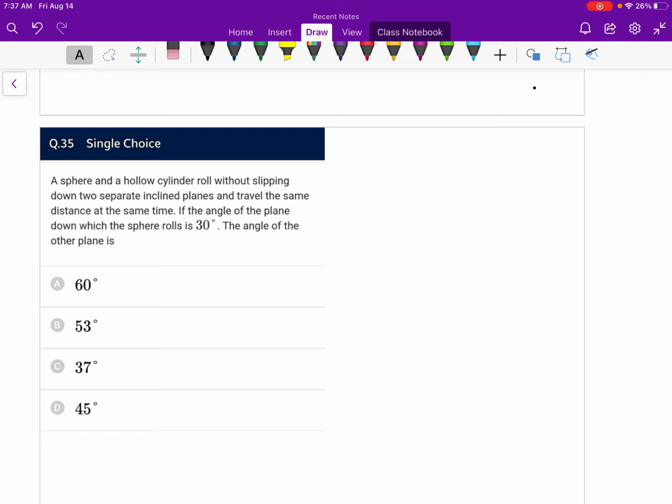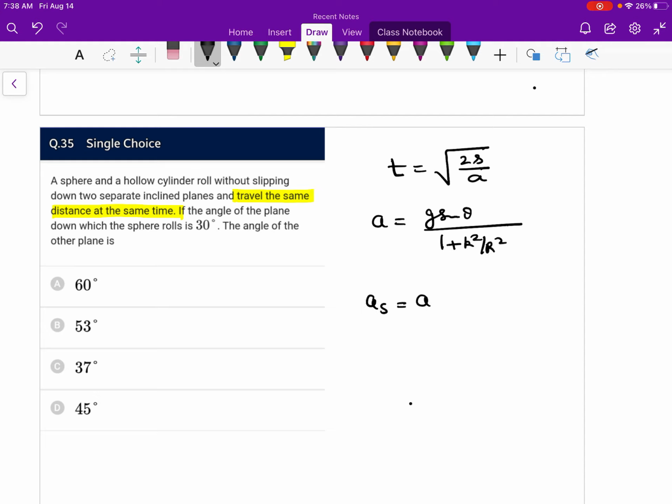A sphere and a hollow cylinder roll without slipping down two separate inclined planes and travel the same distance in the same time. So time T is under root 2s by a. Time is same, s is same, that means acceleration is same. The angle of the plane down which the sphere rolls is 30 degree. So we know acceleration is g sine theta upon 1 plus k square by r square. So acceleration of the sphere is same as acceleration of the hollow cylinder.